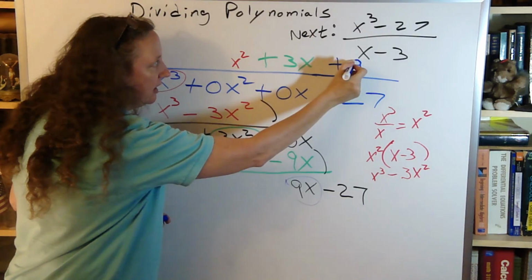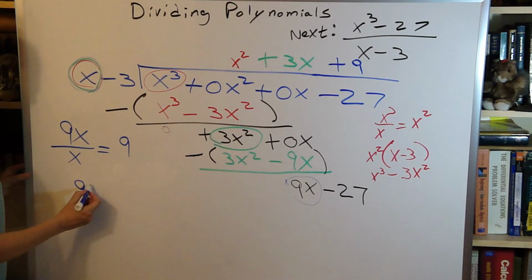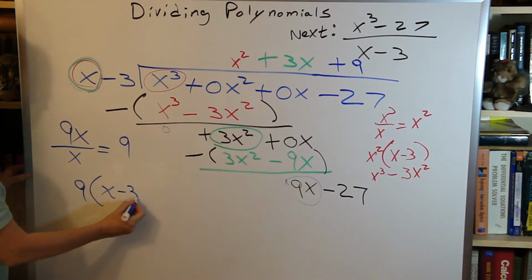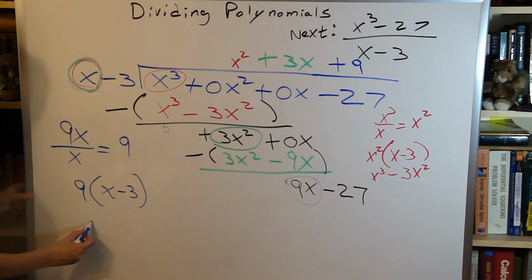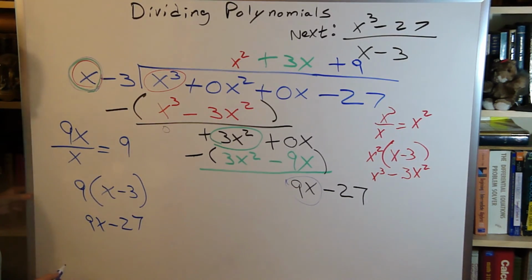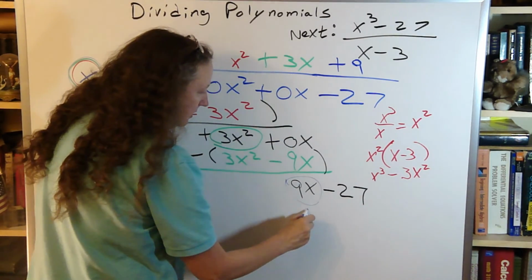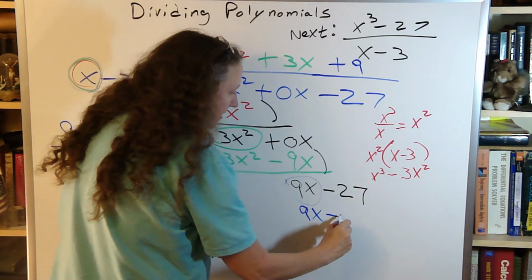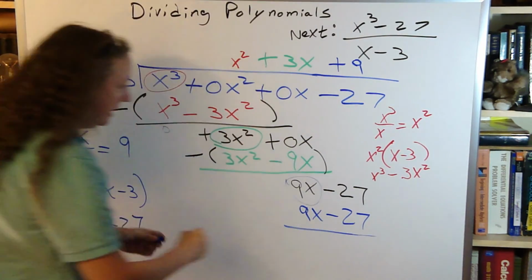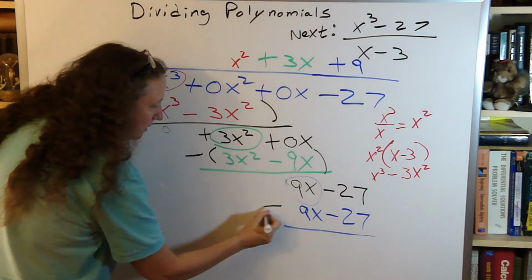And handwriting does count, so make sure it looks like a 9. I take that 9 and I multiply it by the entire thing here, x minus 3, and that gives me 9x minus 27. I take this answer, line it up over here, 9x minus 27. And again, I am subtracting the whole thing here.